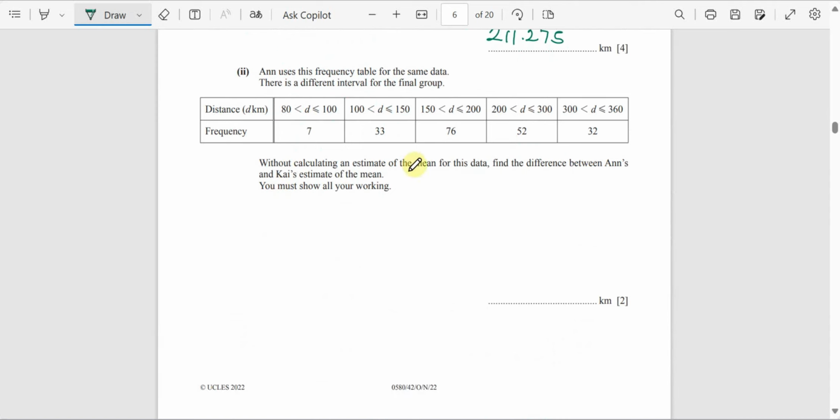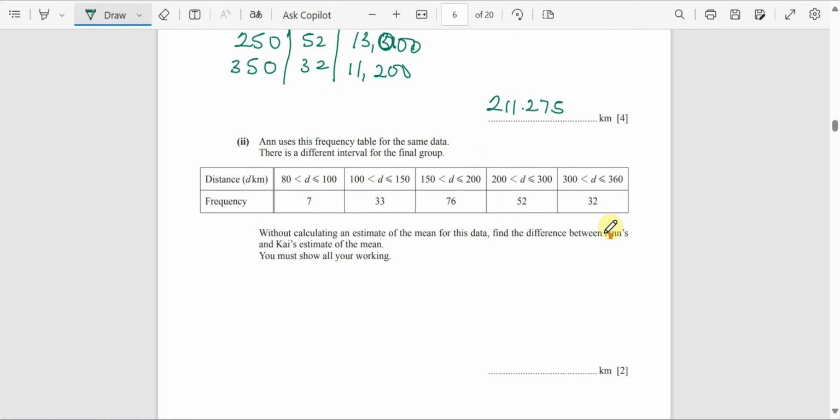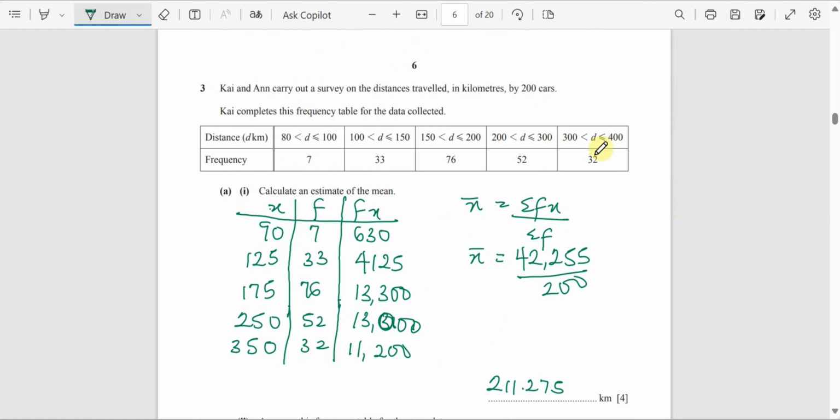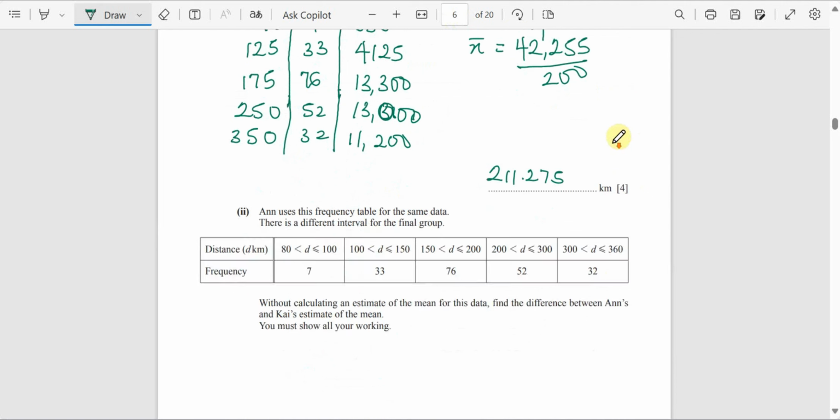Without calculating an estimate of the mean for this data, find the difference between Ant's and Kai's estimates of the mean. You must show all your workings. So all we have to do is, because the frequency remains the same, we only need to deal with this last group. For the last group, in this case, the midpoint is 350.